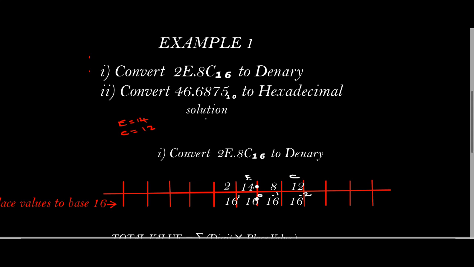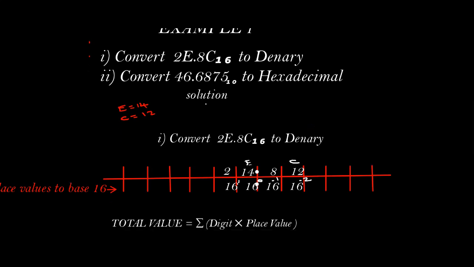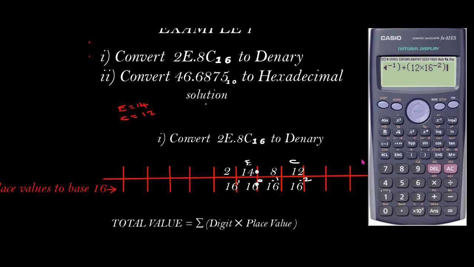So to convert that number system, the total value will be place value times digit. The first value there, we have 2 times its place value, meaning 2 times 16 raised to power 1, then plus the next digit there is E, which is 14 times its place value. So we have 14 times 16 raised to power 0. Then the next digit there is 8 times its place value. So 8 times 16 raised to -1. It is the first digit after the decimal point.